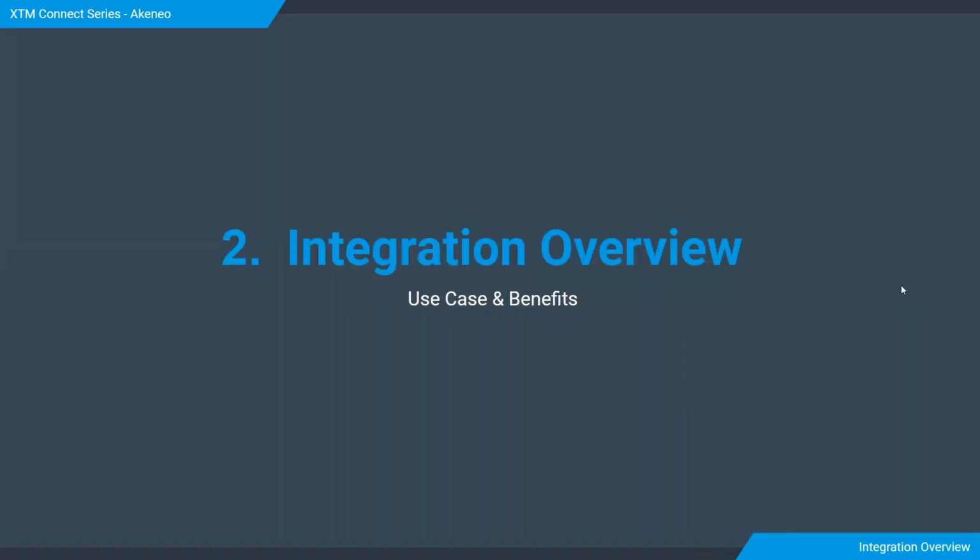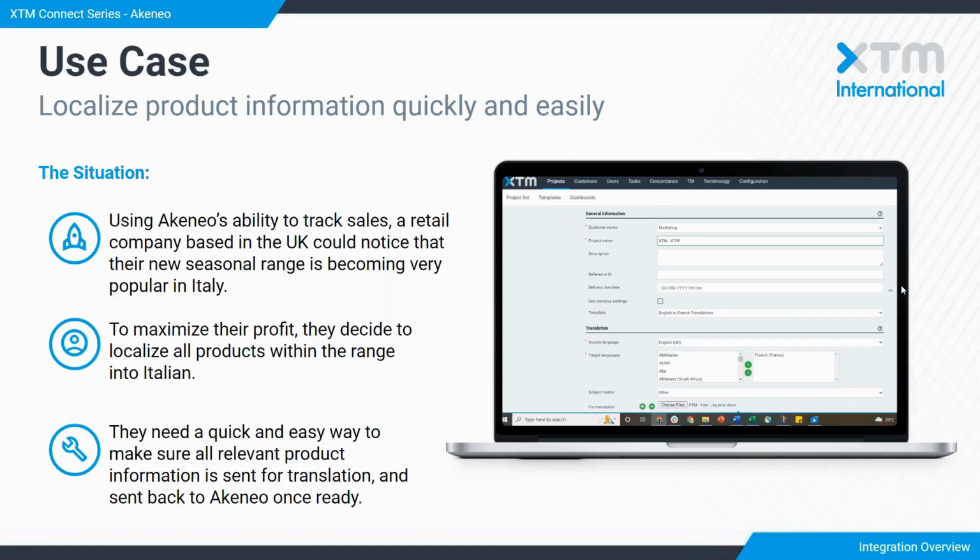So let's have a look at the use case that we have here for today. Using Akeneo's ability to track sales, a retail company based in the UK could notice that their new seasonal range was becoming very popular in Italy.